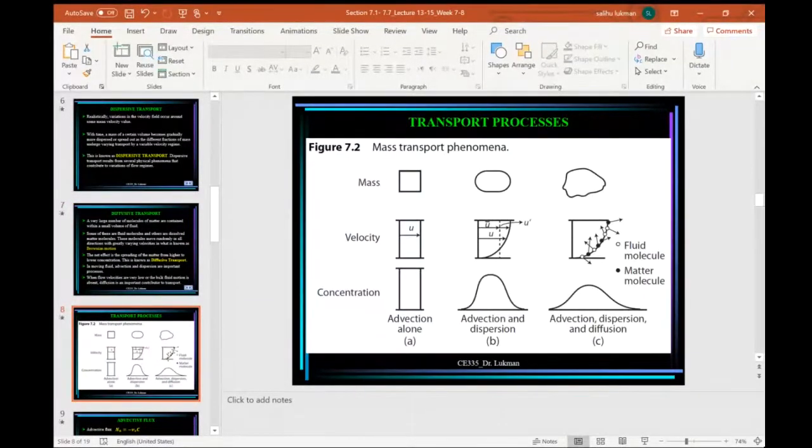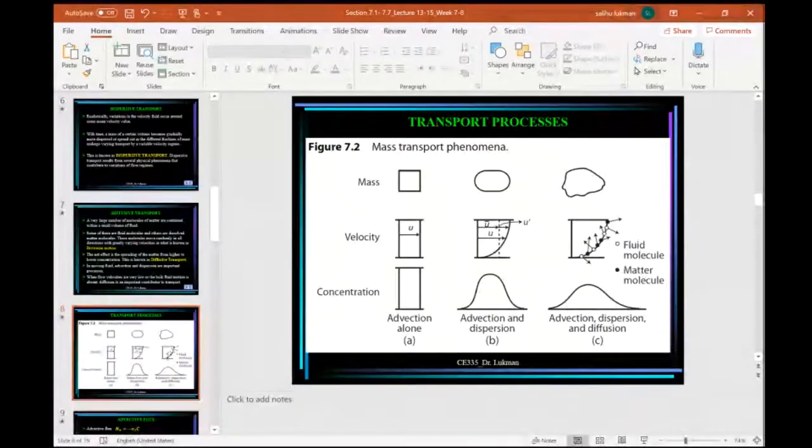Now, mass transport phenomena. You have a mass, and after some time, advection alone. This is the velocity, and this is the concentration. Let's assume this is a channel in which the velocity is zero at the bottom and highest at the top, because for a channel, as we did in fluid mechanics, the velocity is highest at the top and lowest at the bottom.